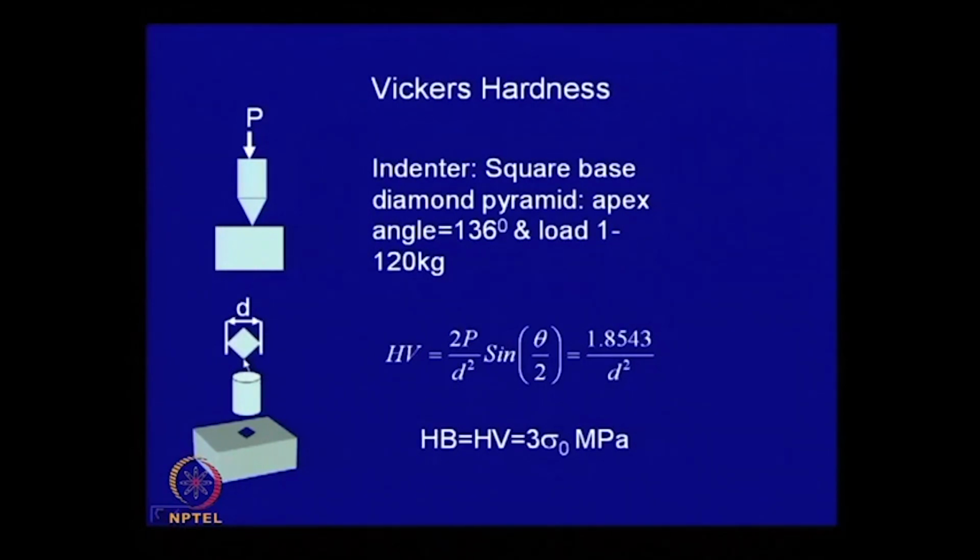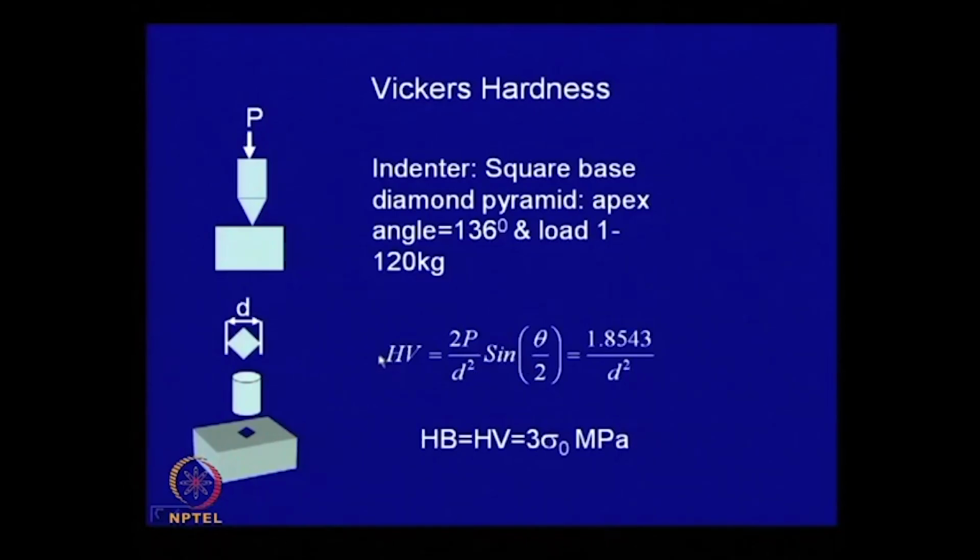It is customary to measure both the diagonals, that is d 1 and d 2, and find out the arithmetic average of the two, and then you can calculate Vickers hardness number H v using this expression. I leave it to you to derive this.